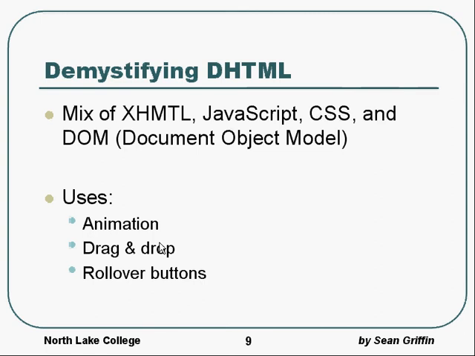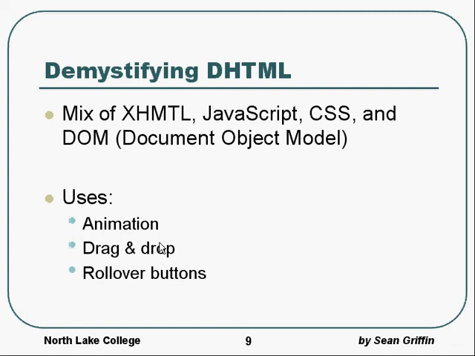There's a concept of something called DHTML, and that's caused a lot of confusion for folks in the past. So let me just quickly explain what that is. It's a mix of XHTML, which is just our HTML pages, JavaScript, cascading style sheet code, which is how you format your pages. When I say formatting, I mean things like changing the colors of your text and the size of it.